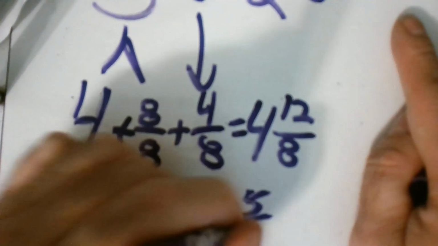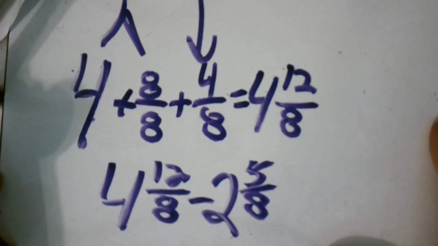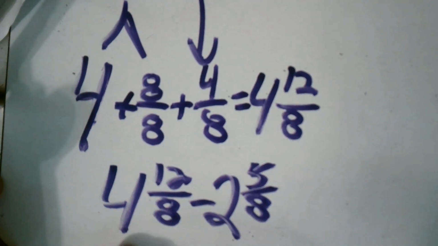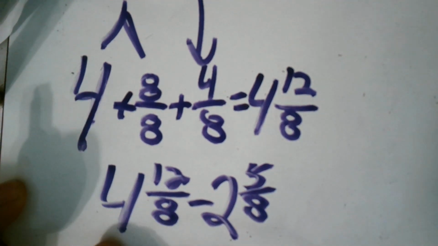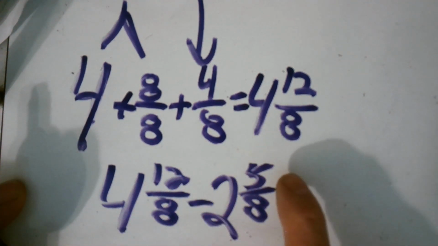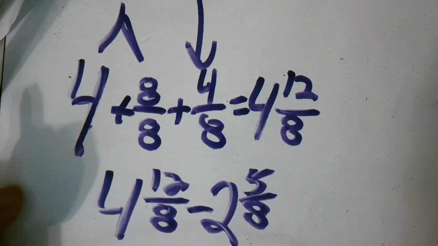I'm going to run out of room here on this board. Okay? So I'm going to write it over here. Okay? Actually, 12 minus 5. Well, students are still, believe it or not, having a problem subtracting.